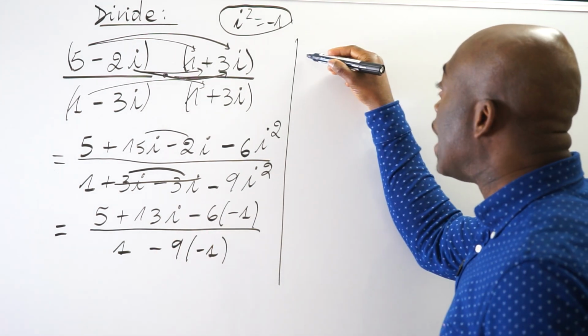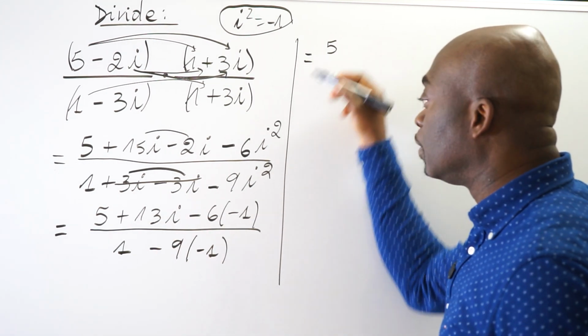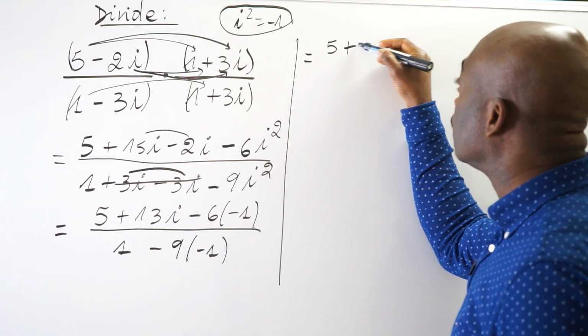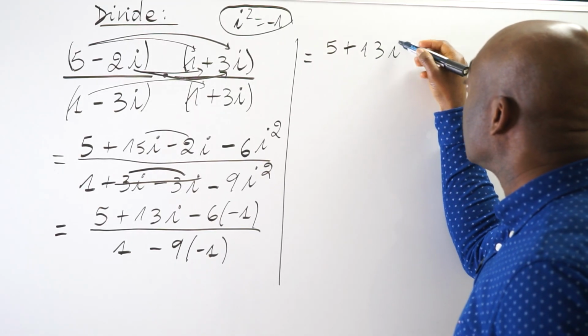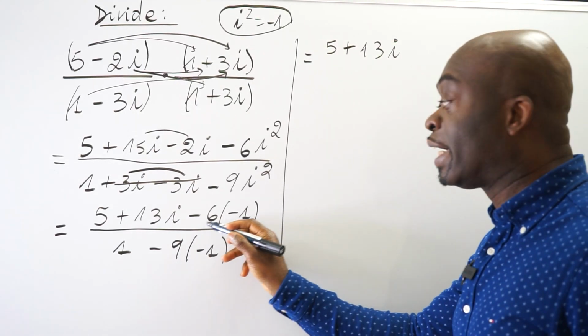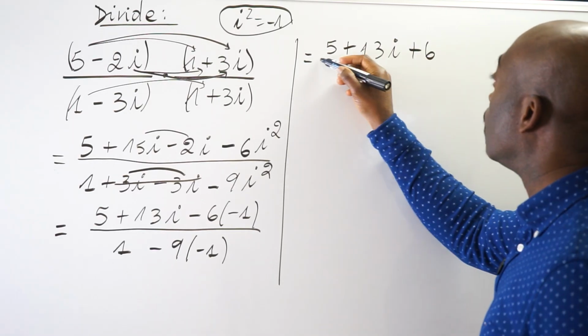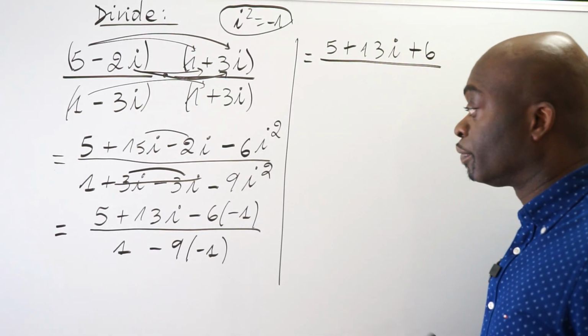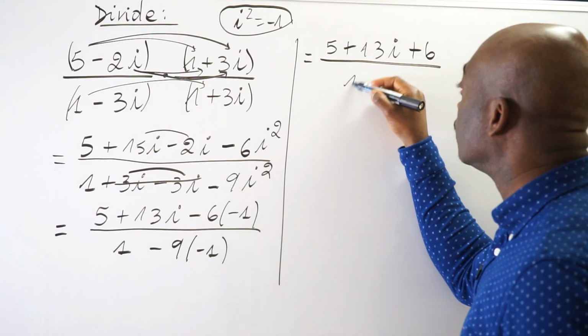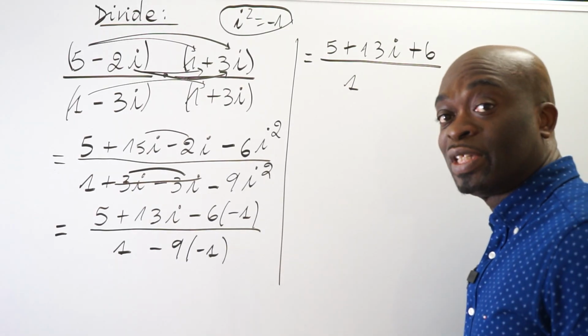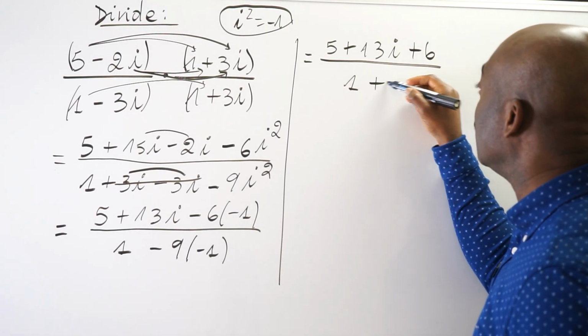So that would give us 5 on the top still, plus 13i, and then what? Negative 6 times negative 1 is going to give us what? Positive 6. Over, then 1, negative 9 times negative 1 is positive 9.